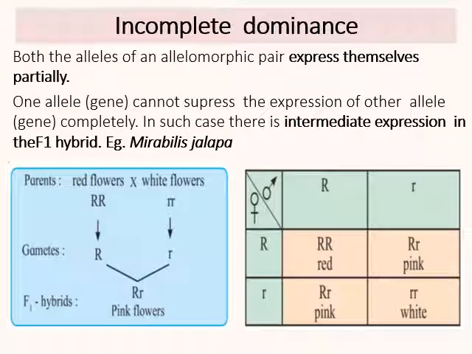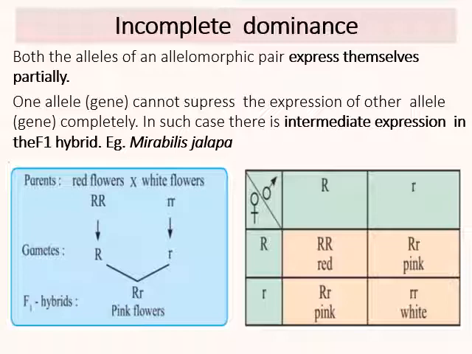Both the alleles of an allelomorphic pair express themselves partially. One allele cannot suppress the expression of the other allele completely. In Mendel, we had seen that one allele suppresses the expression of the other. But here, in incomplete dominance, one allele cannot suppress the expression of the other allele completely. In such a case, there is intermediate expression in the F1 hybrid.